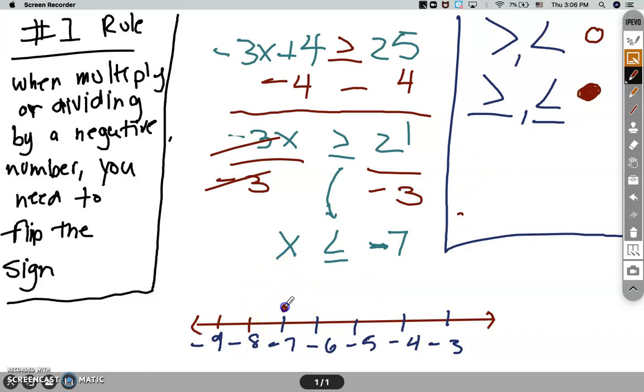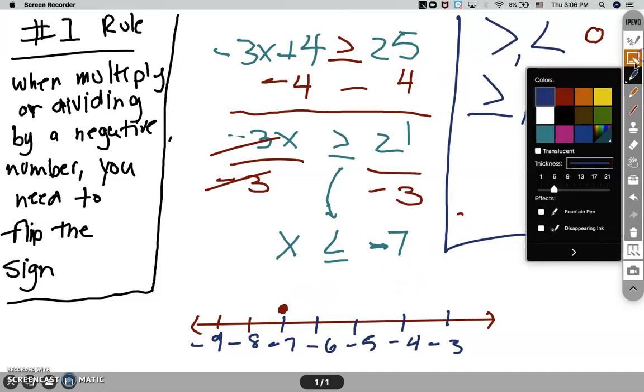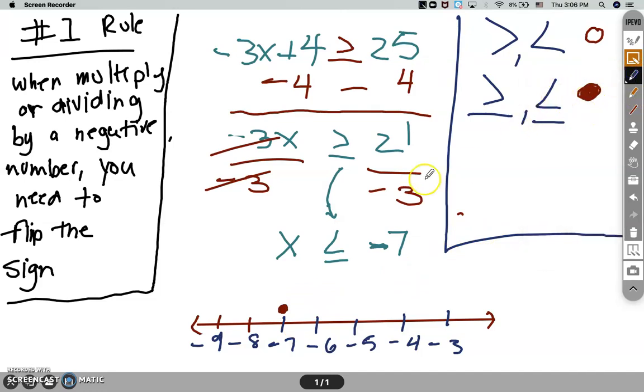We're going to put it right above -7, but we're not done yet. Since this is less than or equal to, we covered the equal to part; the solid dot represents that, including -7. But x less than or equal to -7 means all of the numbers less than or equal to -7.